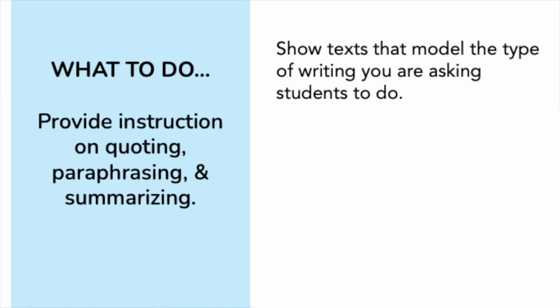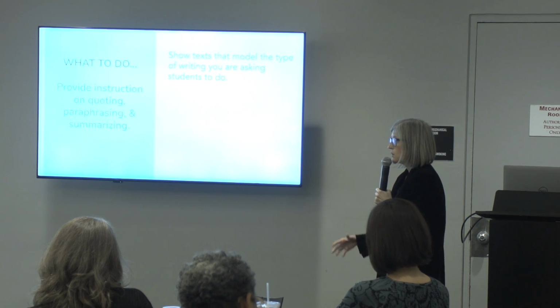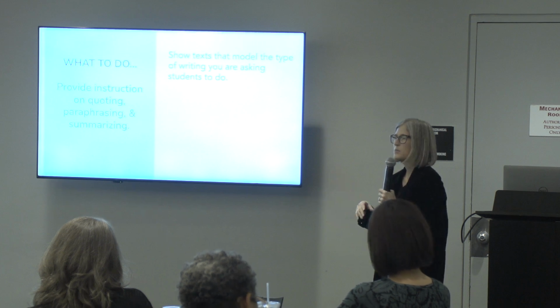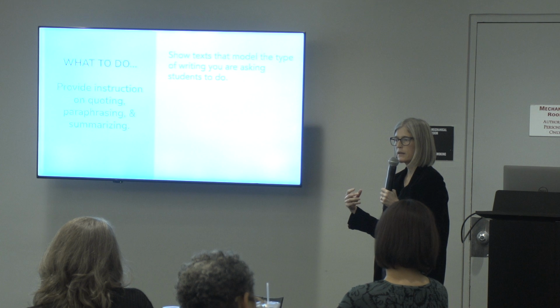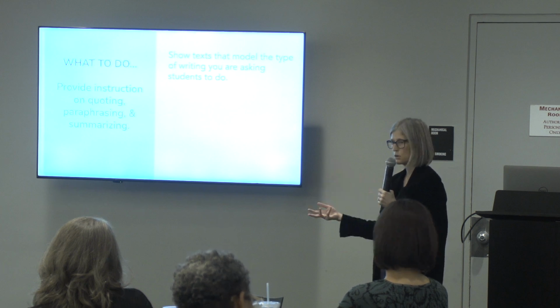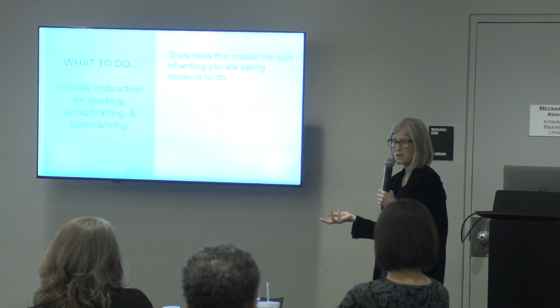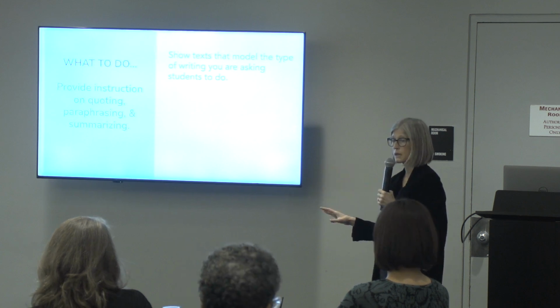Okay, so one thing that I can recommend is that you show students model texts. If you're asking them to write a certain kind of paper that includes source material, show them an example of it. We all have different areas, backgrounds, and different kinds of writing that we're used to seeing or trying to teach our students to do. We need to show what that looks like, because it varies significantly.